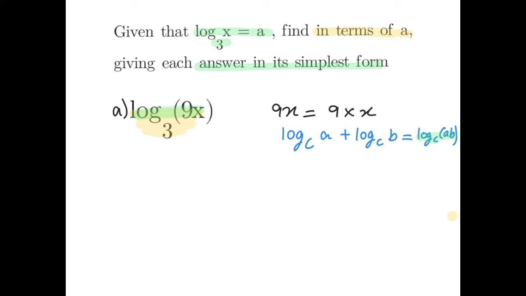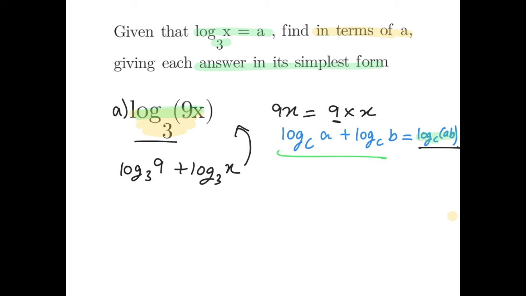And this expression looks very similar to this expression. So if we rewrite it in this form, we would get log c, which is log 3, a, which could be 9, plus log 3, x. And if we write it in this form, we can get back to this. So there is no difference in the values, we're just rewriting it in a different way.